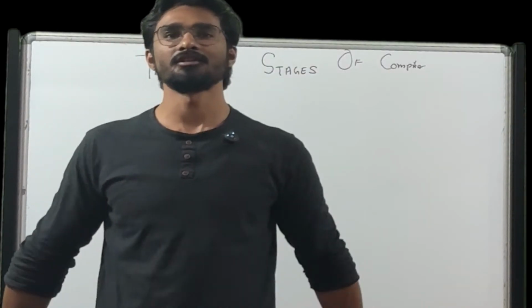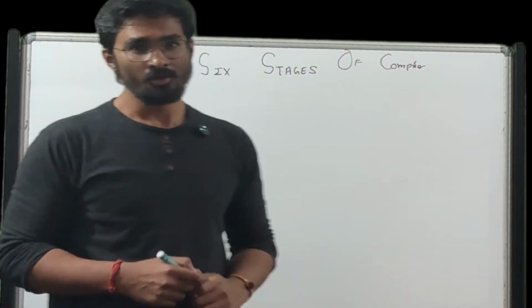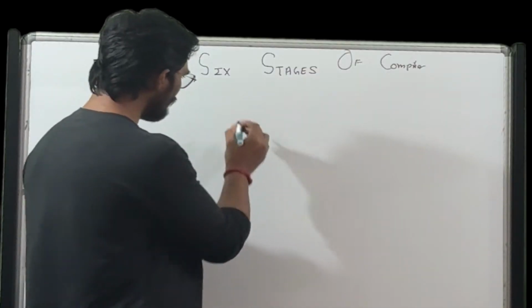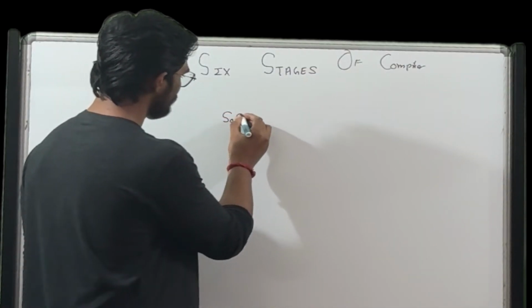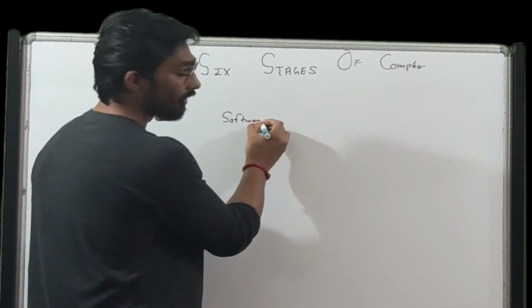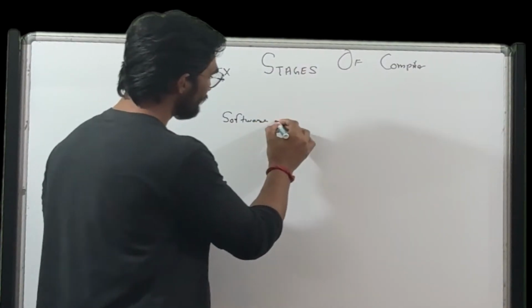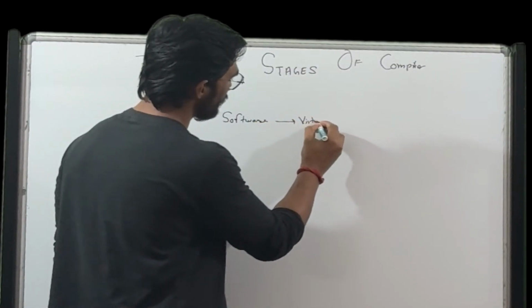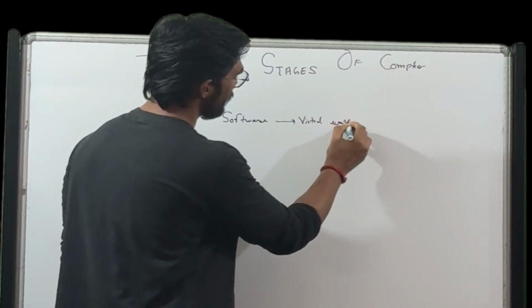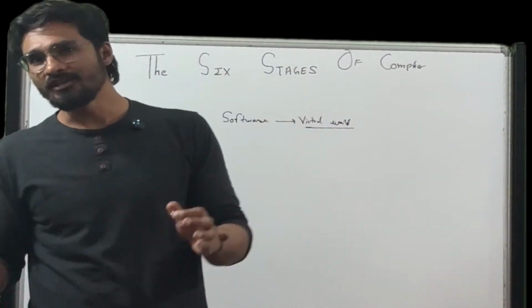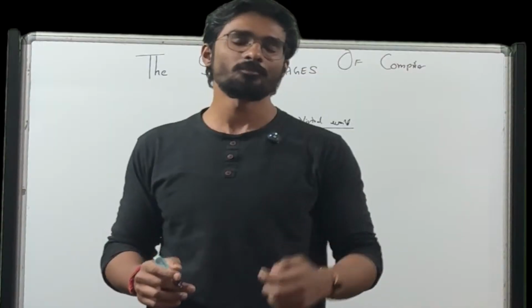Today we are going to discuss the 6th stage of the compiler. We know that this software world, or also referred to as virtual world, everything here is written in one of the programming languages.